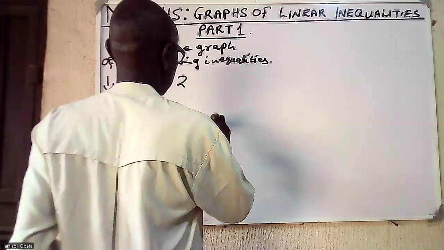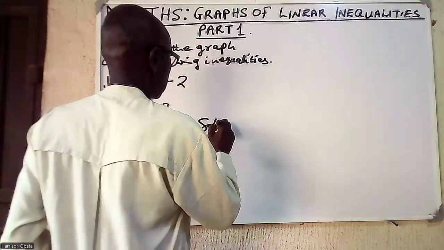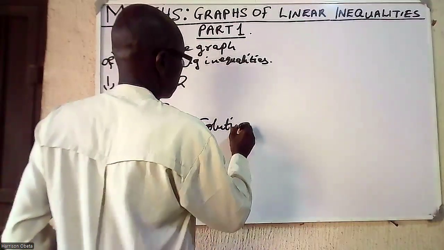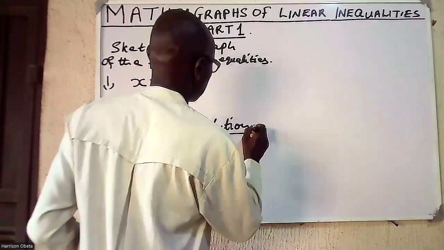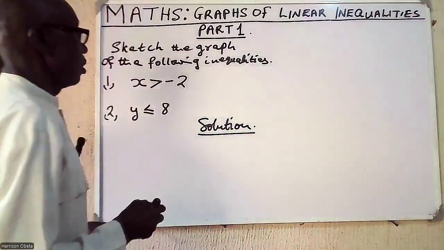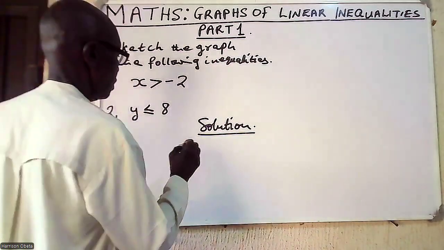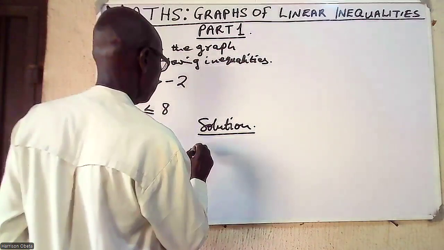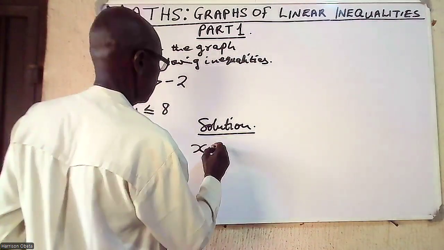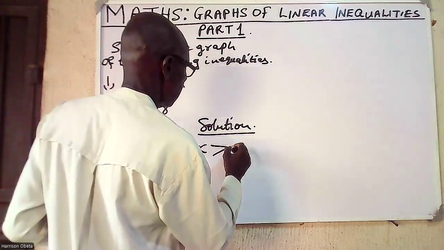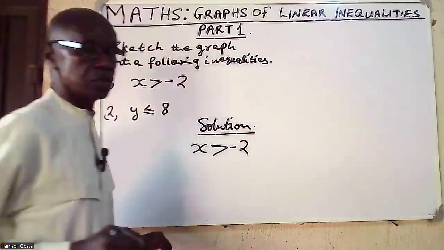Solution. So the first one, we are trying to plot the graph of x is greater than -2.